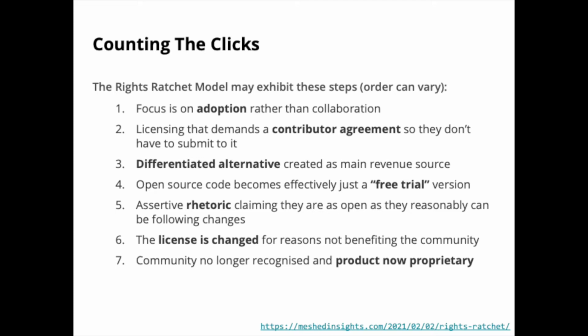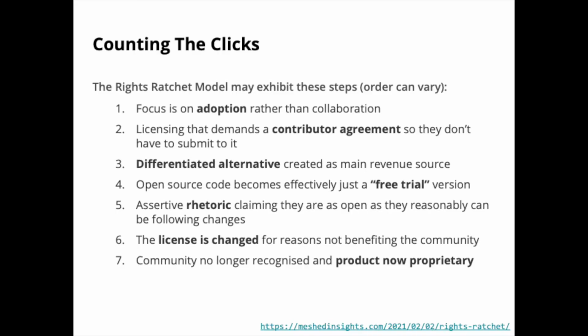Open source code often becomes a free trial version. Often the word free is emphasized, and the idea of using it for an evaluation period becomes dominant. You often find the source code disappears behind a registration form.